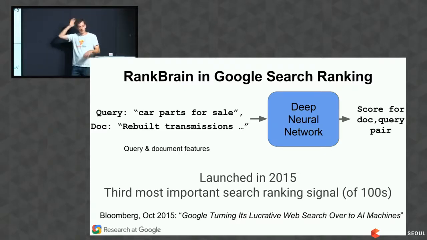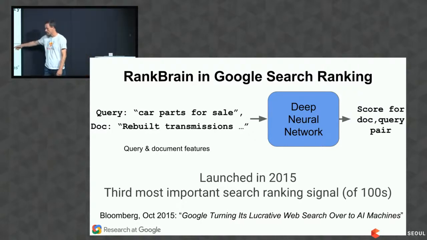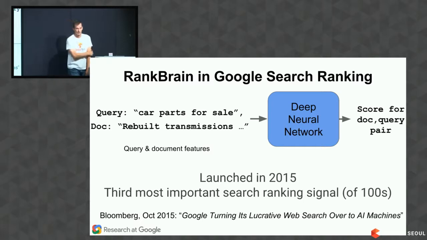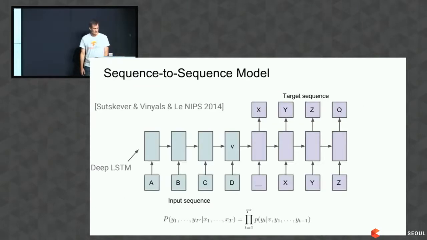But we helped work with them to build enough debugging tools and understandability into the models that they became comfortable with this. And now when we launched this, it's the third most important search ranking signal, which is pretty good.